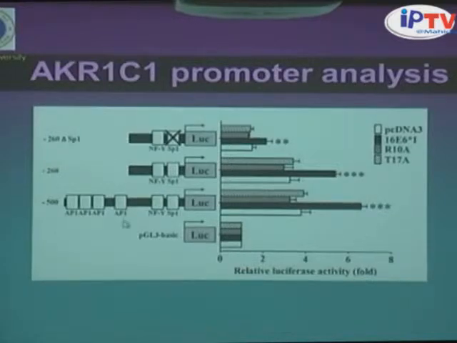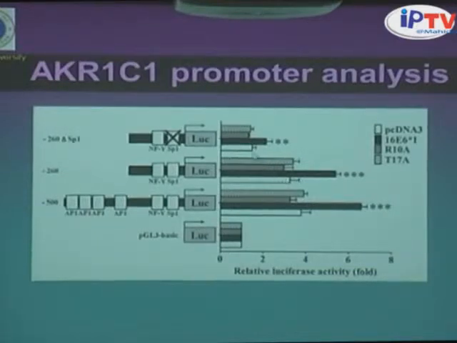So when we delete out the AP1 sites, the activity was not affected much, meaning that these 4 AP1 sites may not be important for HPV-mediated transactivation activity. But when we make mutation on the SP1, you will see that this is the basal level of the cell.